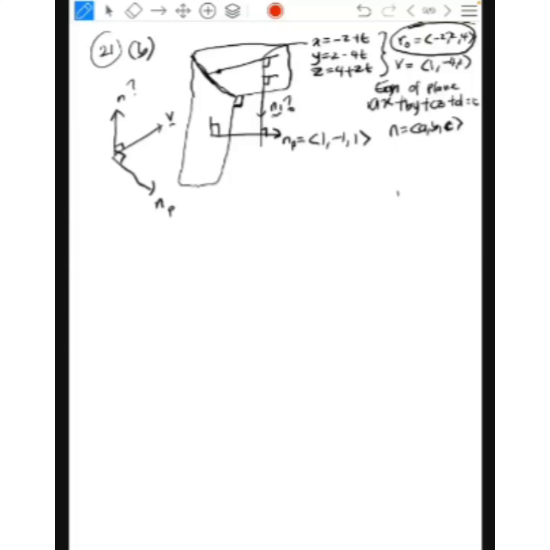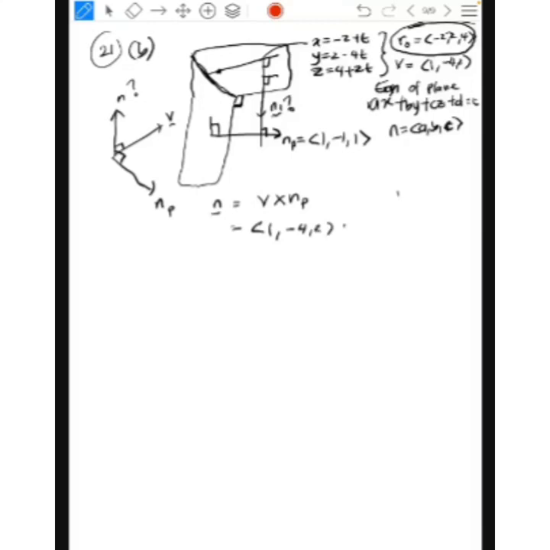We can find a vector that is 90 degrees to two vectors by doing the cross product of V and NP. So n is actually V cross NP. Which is our V, what is it? Our V is 1, negative 4, and 2.